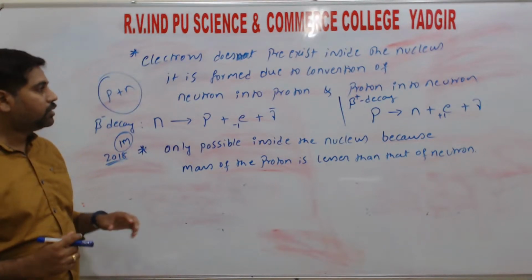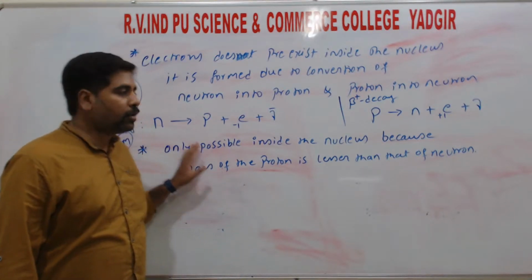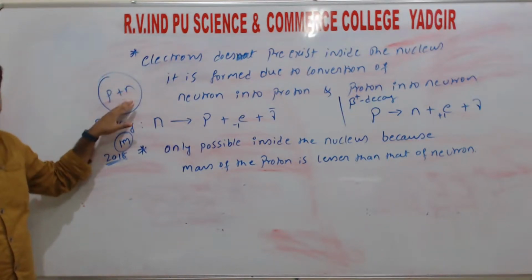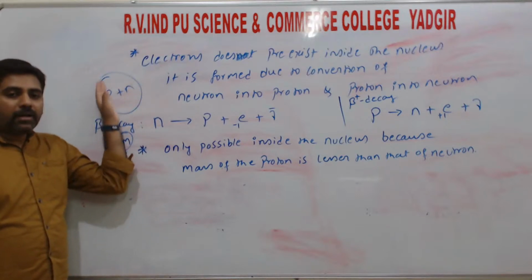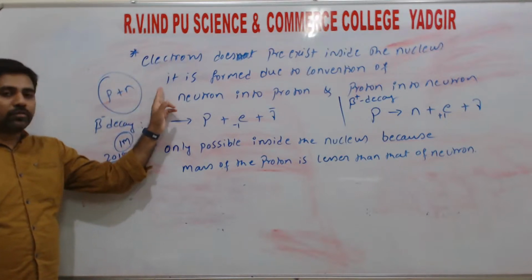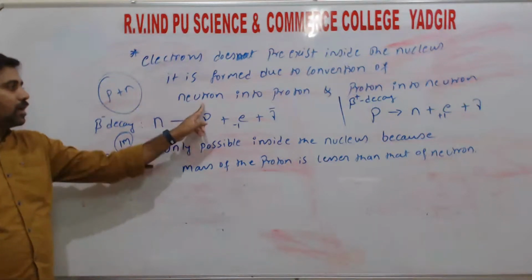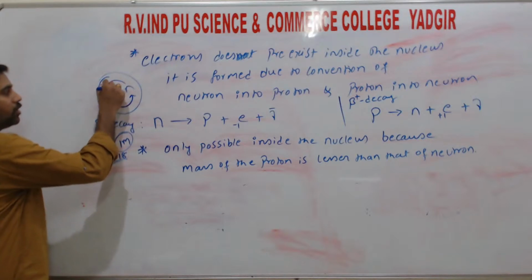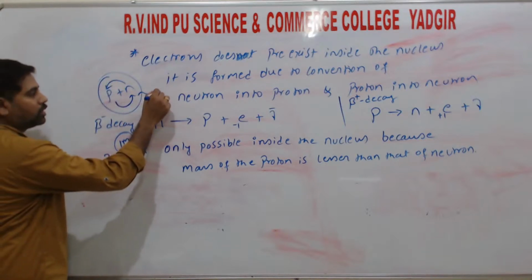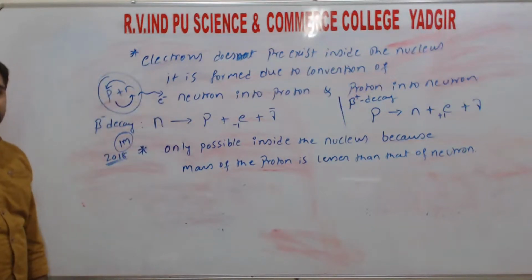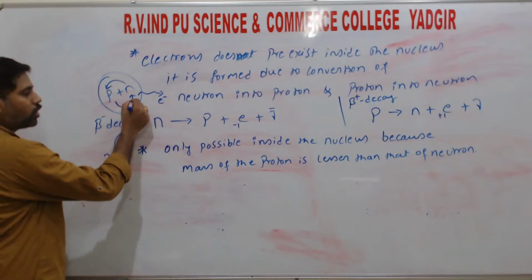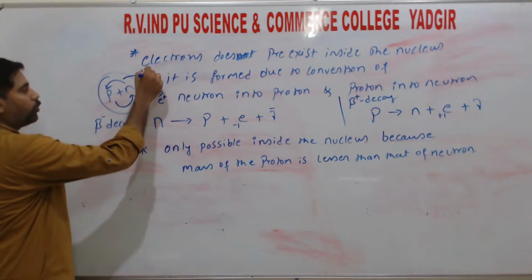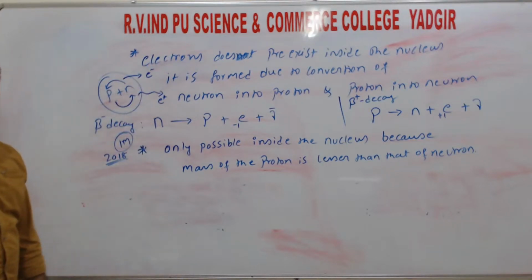So here we have two explanations for two reasons, right? One, why the electrons are emitted if it does not exist inside the nucleus. Inside the nucleus we don't have any electrons, but while the beta decay is undergoing, the electrons are emitted. The reason, because it is converting neutrons into protons and protons into neutrons. So that time the emission of the electrons takes place, right? From proton to neutron, the emission of the positron takes place. From neutron to proton, the emission of the electrons takes place, right?